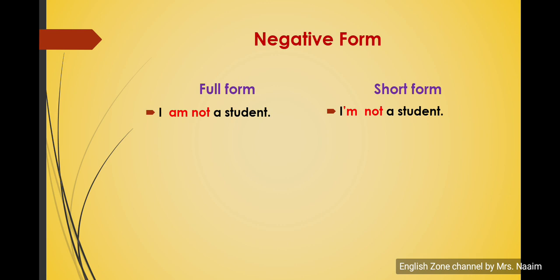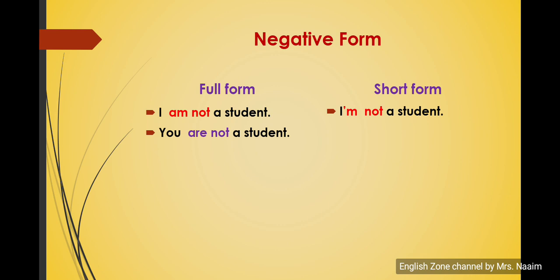Okay, وتجدر الإشارة إلى أن الصيغة الكاملة للفعل من الأفضل أن تكون في الكتابة. حينما تريد أن تكتب باللغة الإنجليزية فمن الأفضل أن تستعمل الصيغة الكاملة، لكن بالنسبة للكلام أو التحدث باللغة الإنجليزية فمن الأفضل أن نستعمل الصيغة المختصرة.